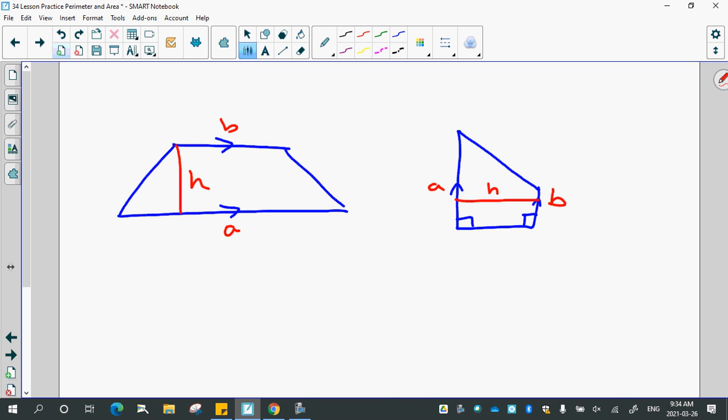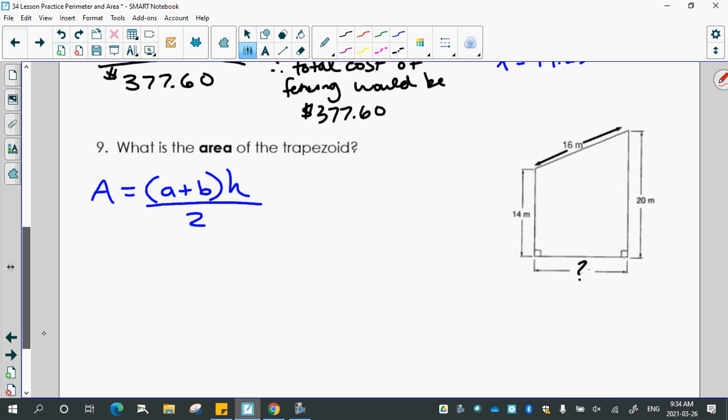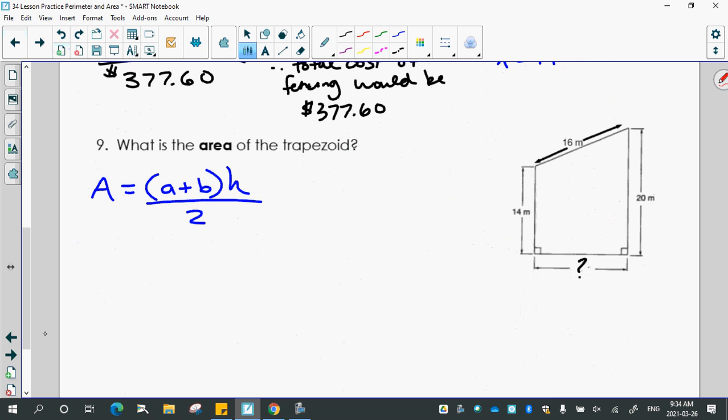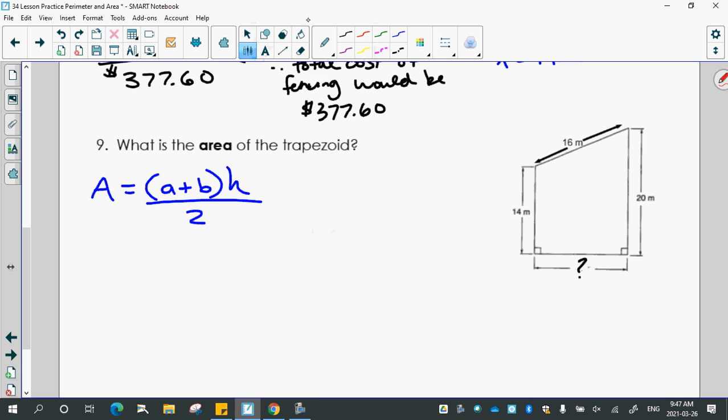So if we look back at this one, its area, it's a trapezoid. Here are our parallel sides, because these are 90-degree angles. So we know A and B. But do we know H, the distance between the two sides? No, we do not.